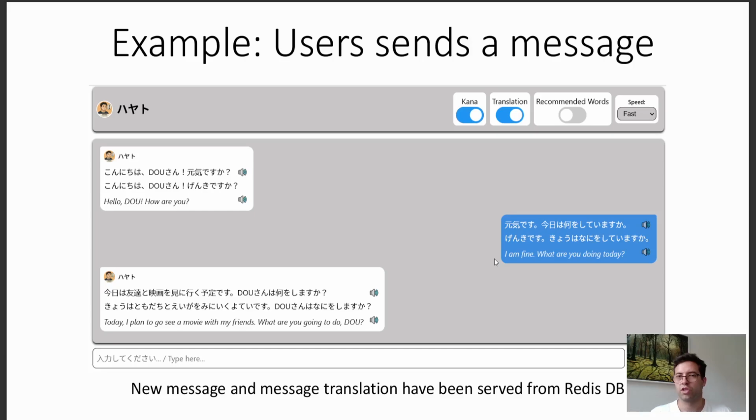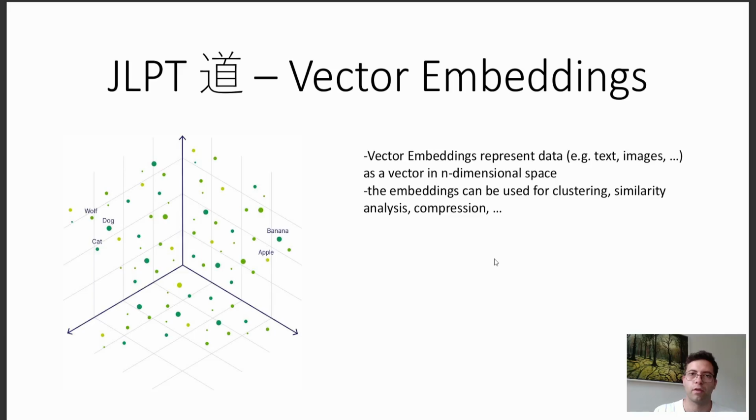That was just a simple overview, and let's look at one new feature, and let's look now at how vector embeddings are used in JLPTDOU. Alright, so first of all, I'd just like to refresh your memory of what vector embeddings are. Vector embeddings represent data as a vector in n-dimensional space.